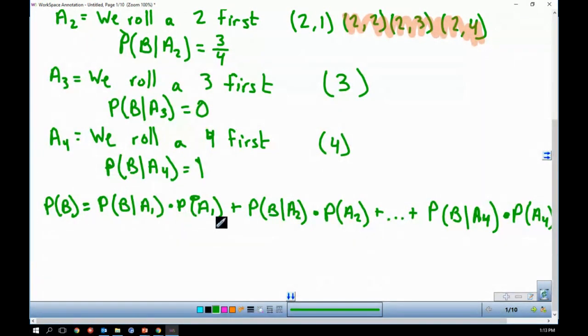Now, what are each of these individual, like A1? What's the probability we roll a 1? 1/4, right?